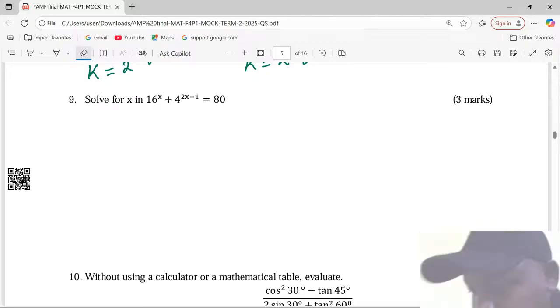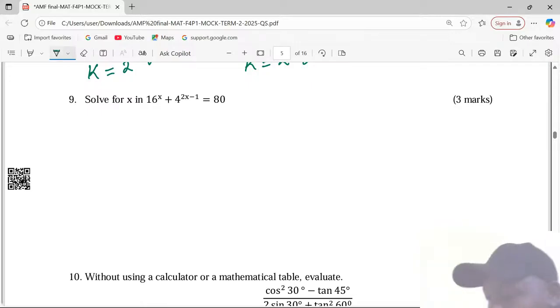Look at this equation in number 9. All these composite numbers can be put into the least common base possible.